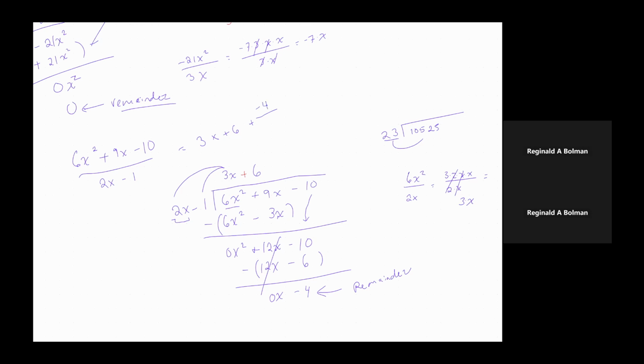And what do we write in the denominator? We're going to have the 2x minus 1, or whatever happened to be the divisor of our expression. Remember that a positive and negative is a negative, so we can rewrite this expression as 3x plus 6 minus 4 over 2x minus 1, and that is, in fact, the best answer.